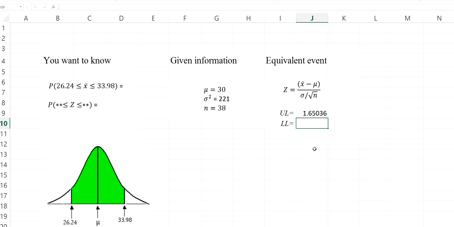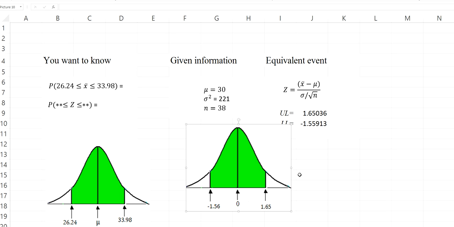Enter. And the lower value is equal to 26.24 minus 30 divided by SQRT 221 divided by 38. Enter. So between 1.65 and negative 1.56.